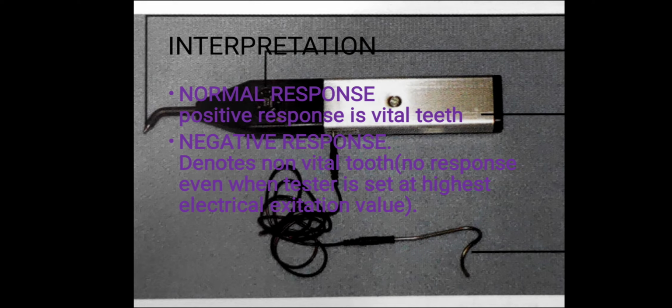Normal response, that means a positive response, means the tooth is vital. Negative response denotes a non-vital tooth. That means no response was found even when the tester is set at the highest electrical excitation value.